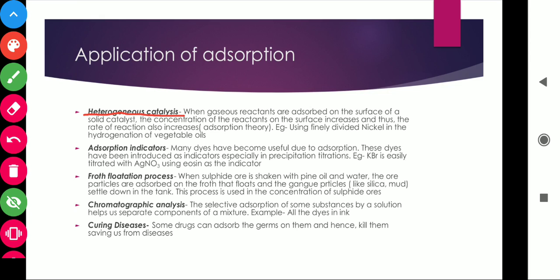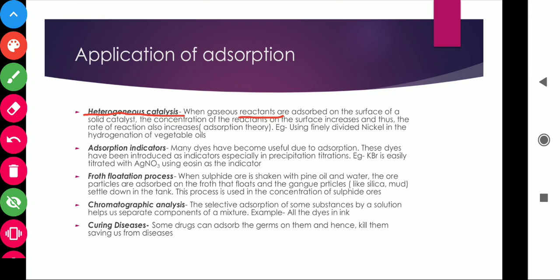If the reactant and catalyst are not of the same phase, meaning they have different phases, and the catalyst adsorbs the reactants for the reaction, this is called heterogeneous catalysis.